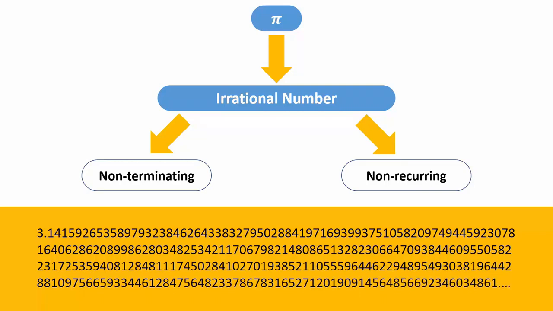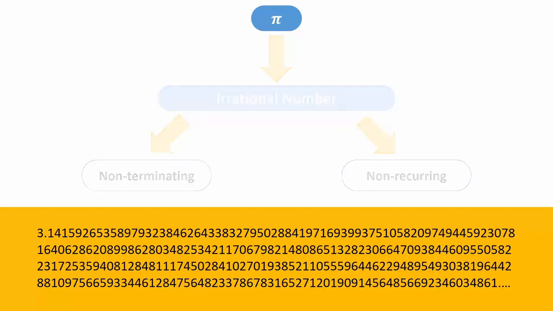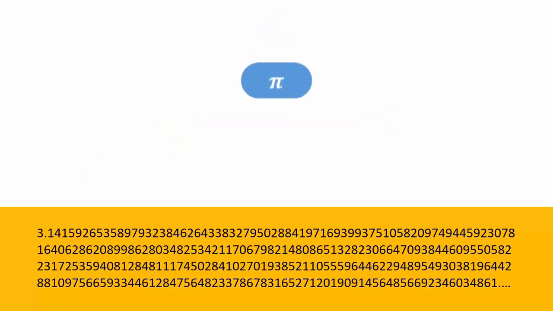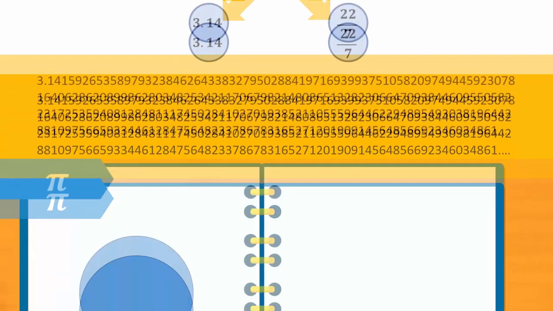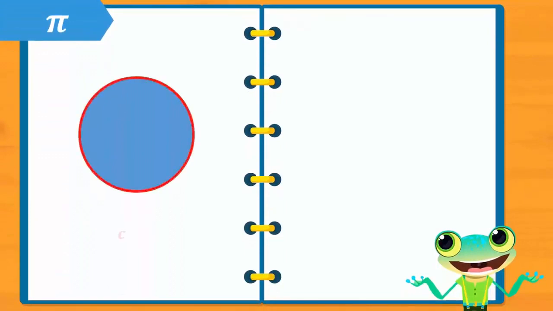As it is not possible to write down all the digits in pi, whenever we have to write pi, we simply use the Greek symbol pi. In calculations, we can't use an endless value. So we use approximate values of pi, such as 3.14 or 22 divided by 7. So now we have learned that the circumference divided by the diameter of a circle is always equal to pi.